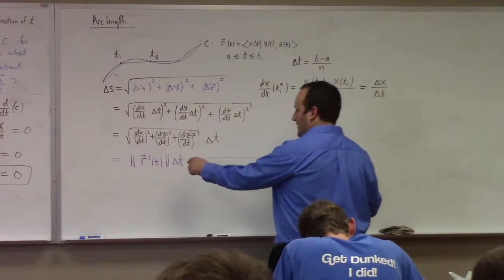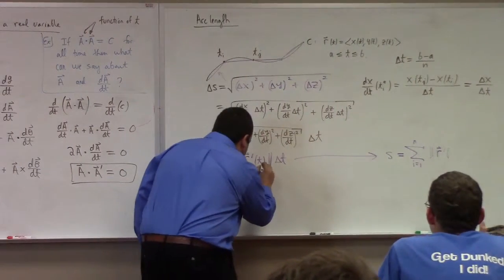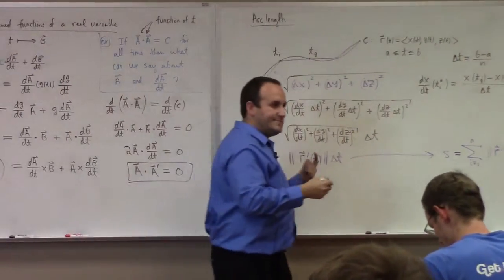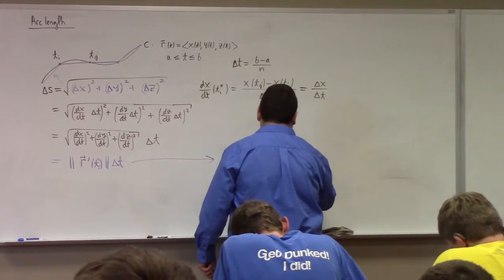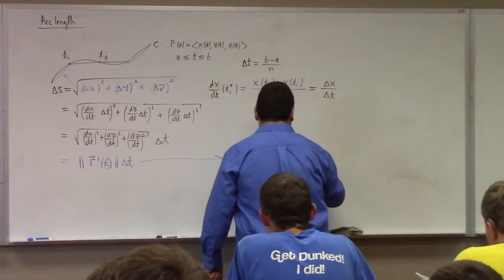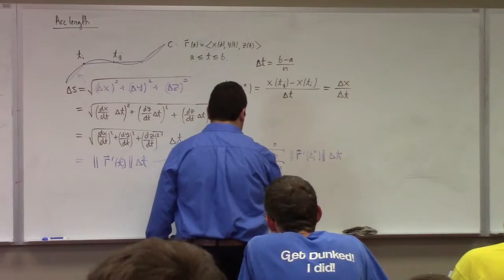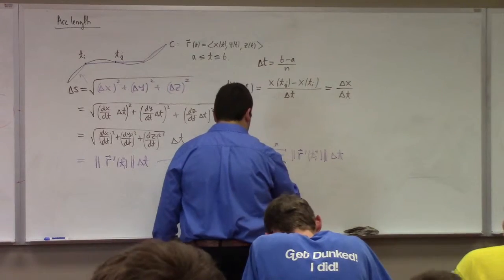And to be more specific, I really should say which t. If we're talking about this one, it's like ti star. It's that sample point somewhere in between ti and tj, whatever. Ti star, delta t. Oh, and I really should do what? I should take the limit as n goes to infinity of that thing.